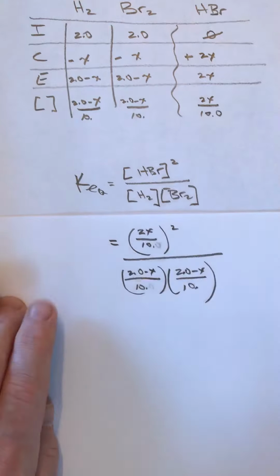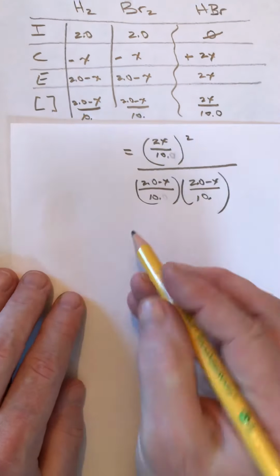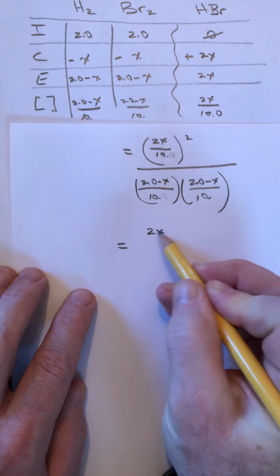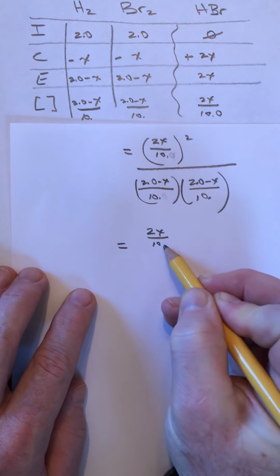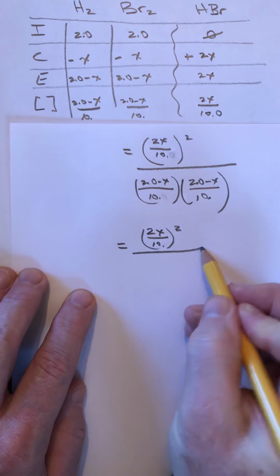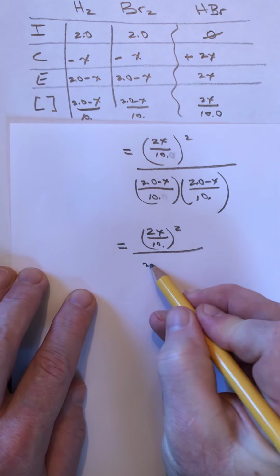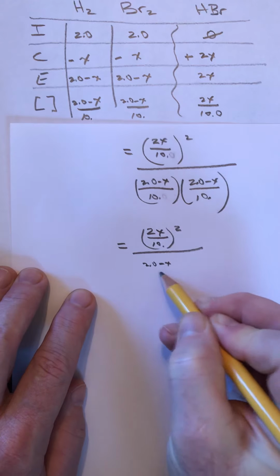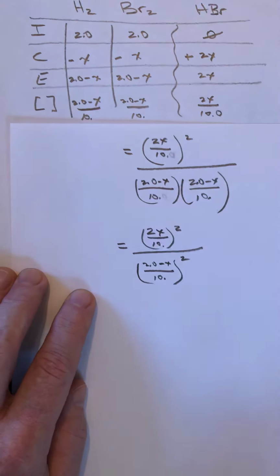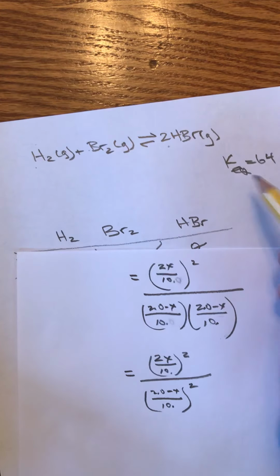So I could say that's equal to 2x over 10 squared over 2 minus x over 10 squared. And they also said KEQ is 64.